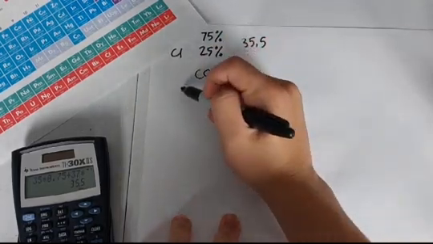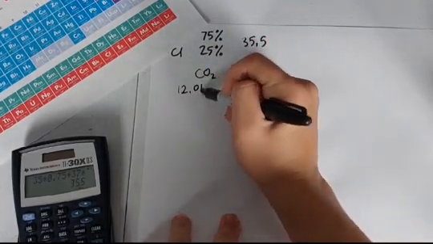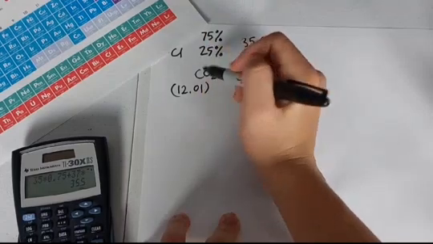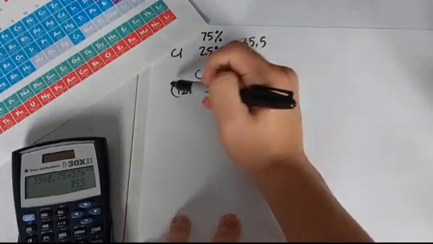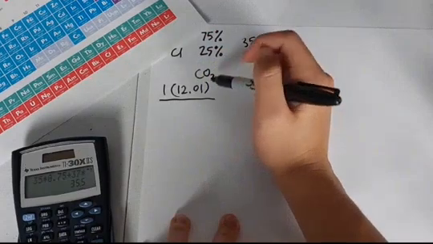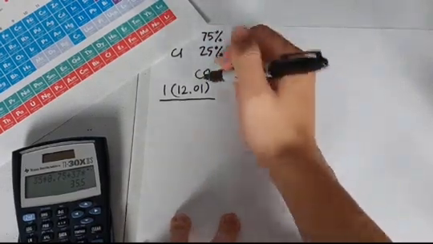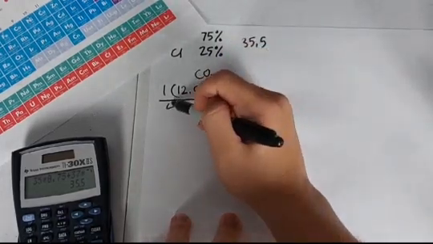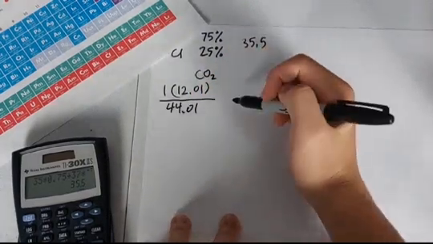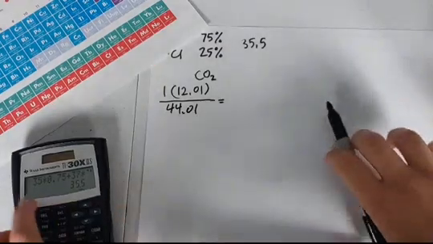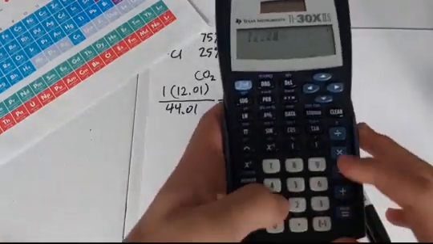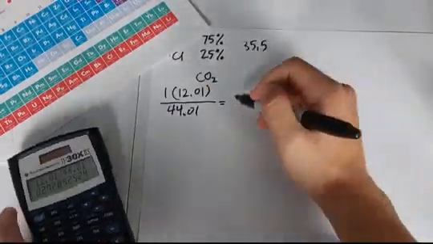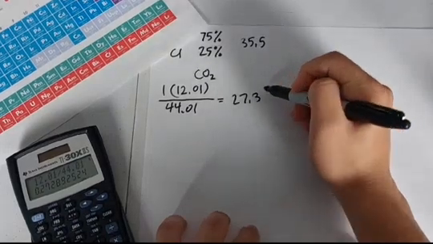The way you do this is first you get the molar mass of carbon, or whichever element you want, and then you multiply it by the number of carbons in the molecule. There's only 1 here, so multiply that by 1, and then you divide that by the total molar mass, which is the sum of all the molar masses. If you do all the math, you can get 44.01, which lands you with the answer that carbon dioxide is actually only 27.3% carbon.